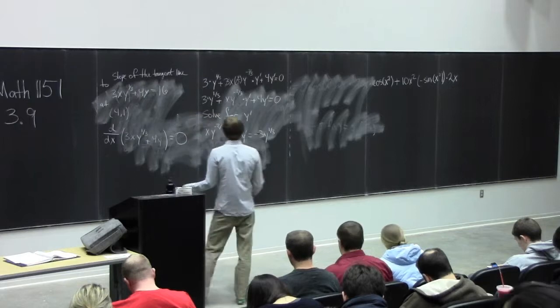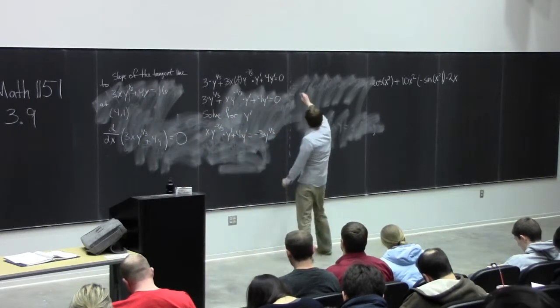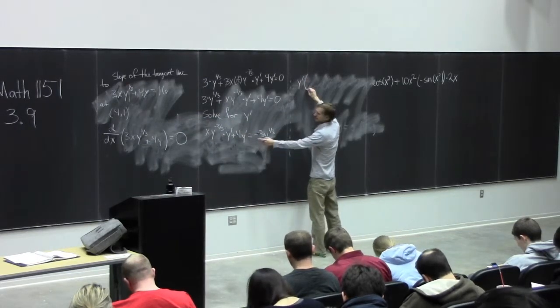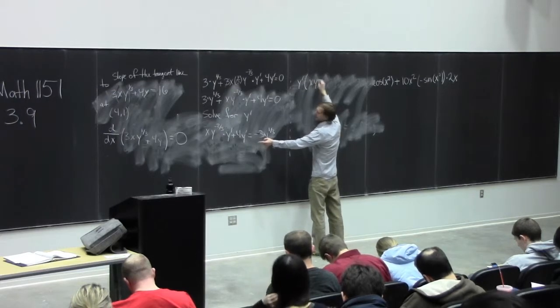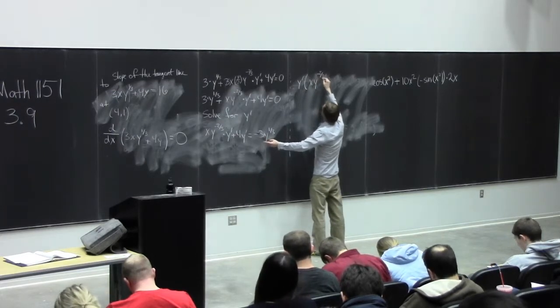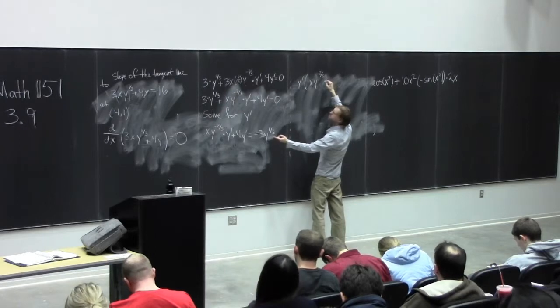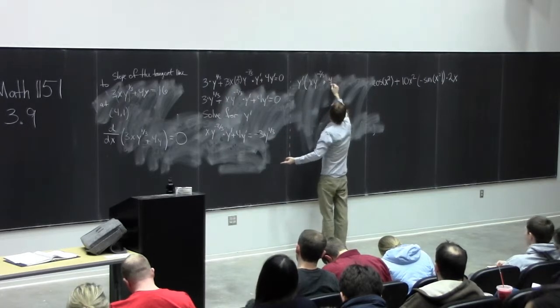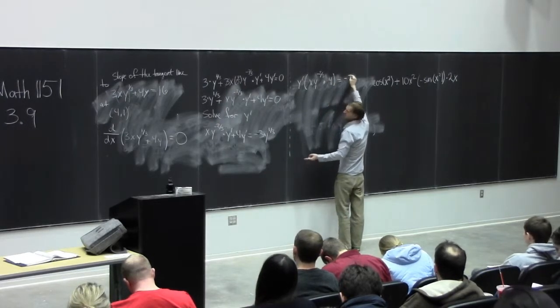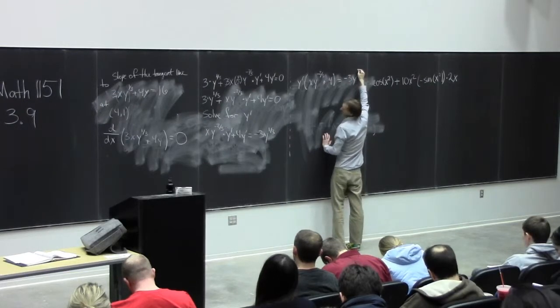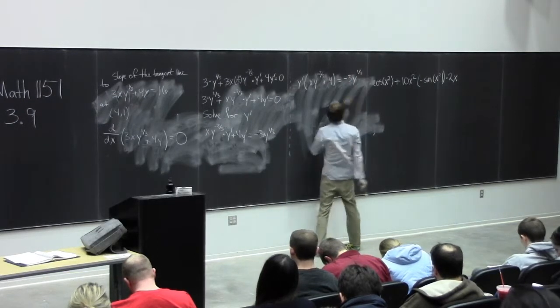All right, so now I can factor out a y prime times xy to the minus 2/3 plus 4 is equal to minus 3y to the 1/3.